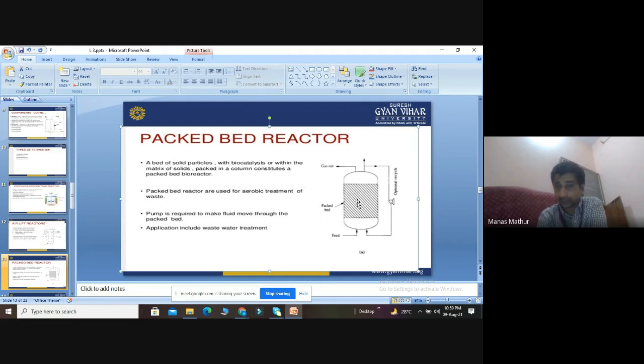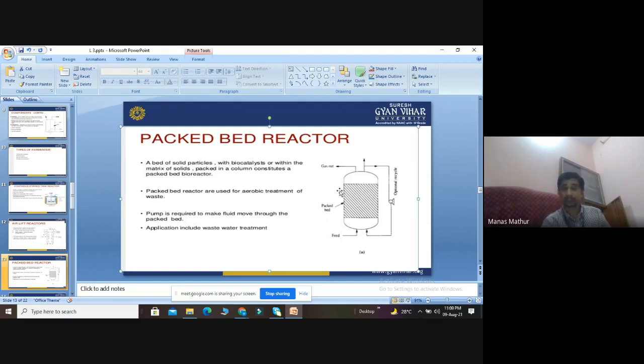This is a packed bed. This is the feed, this is the outlet. This is the operation cycle. So a bed of solid particles with biocatalyst within the matrix of solids, packed in a column, constitutes a packed bed reactor.